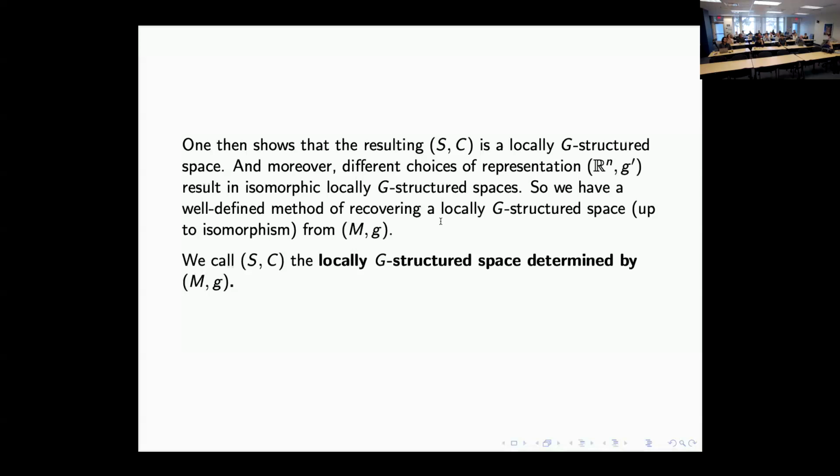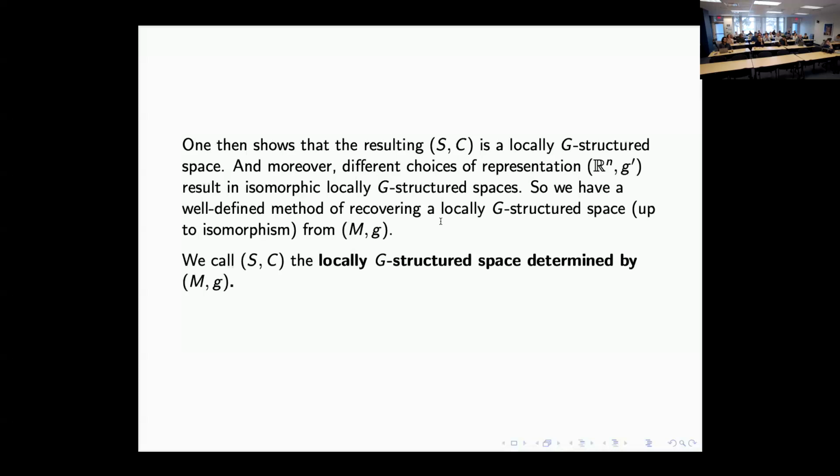It's not important to us that the representation was unique because the locally G-structured space you get out is unique up to isomorphism. Okay. So we have a well-defined method of recovering a locally G-structured space up to isomorphism from an arbitrary relativistic spacetime. We will call this the locally G-structured space determined by the relativistic spacetime.